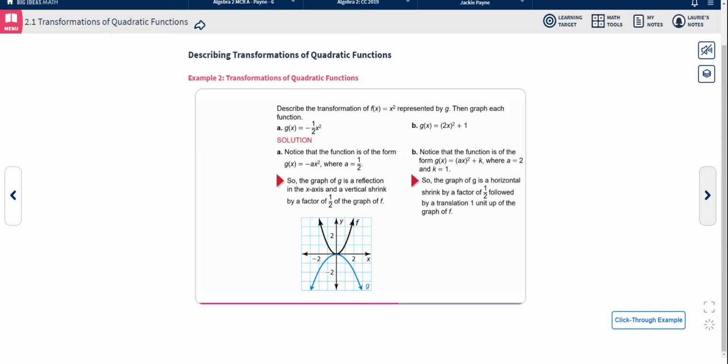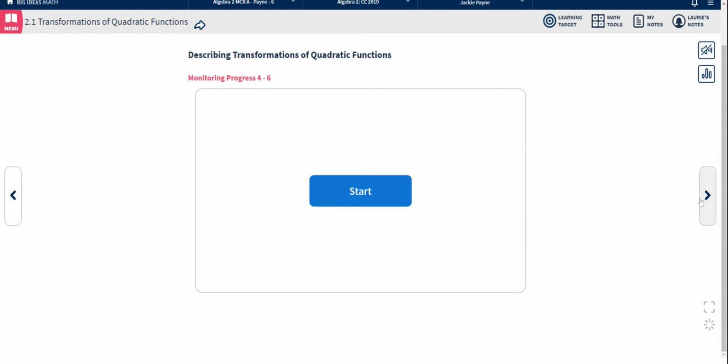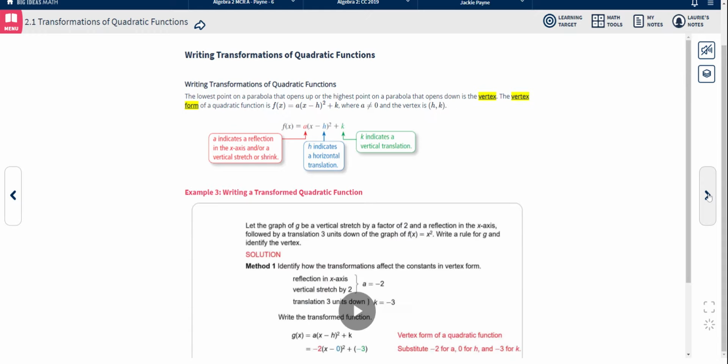So the graph of g is a horizontal shrink by a factor of 1/2, followed by a translation 1 unit up of the graph of f. Graph the parent function f of x equals x squared. Then use this transformation to graph g of x equals quantity 2x squared plus 1. More examples. Now we're going to talk about how to write the equation.